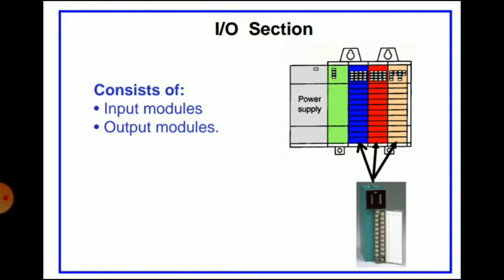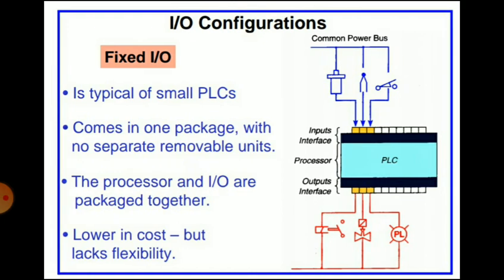The input and output units are normally incorporated into the PLC in two ways. First is the fixed input output, that is typically a small unit that comes in one piece with the processor, and the other is the modular input output where input output units are packed together.